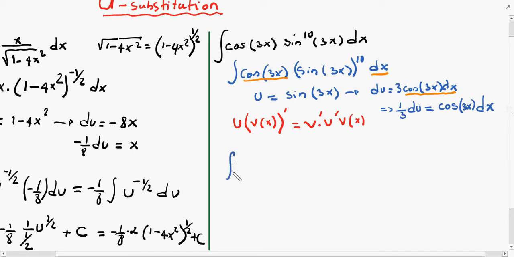So it's going to give us the integral of this whole thing, which will be 1/3 du, times u, this is u here, times u to the power of 10. And I can rearrange it by first taking 1/3 out of the integral sign, and then put u to the power 10 du, right?